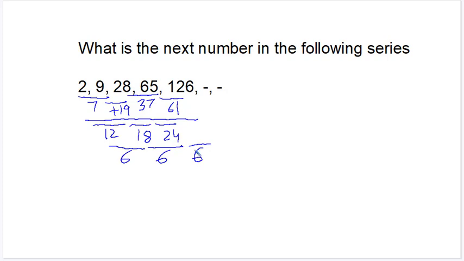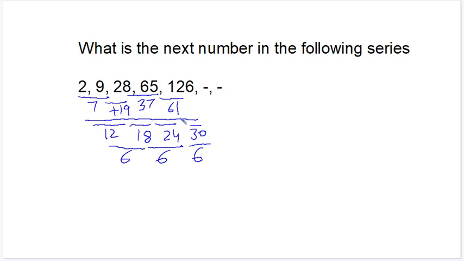So can we find the fourth second level difference after 24? Yes. And that will be 6 more than 24, and that will come to 24 plus 6, 30. Fourth second level difference is 30. So from here, can we find the fifth first level difference after 61?